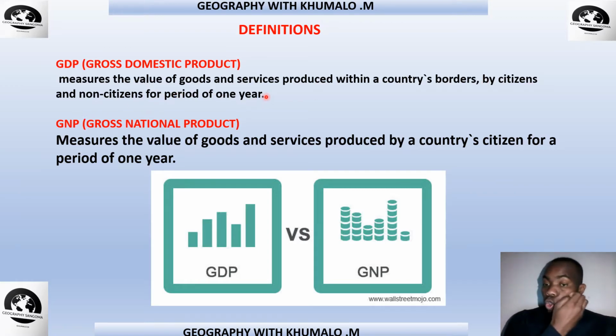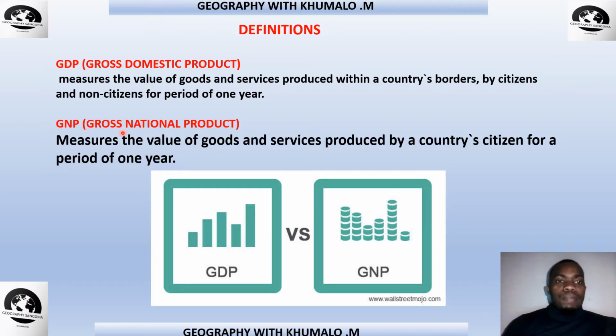So it includes those who are national citizens and those who are coming from outside South Africa. So that is gross domestic product. I forgot to put "all" there, it must be all goods and services.